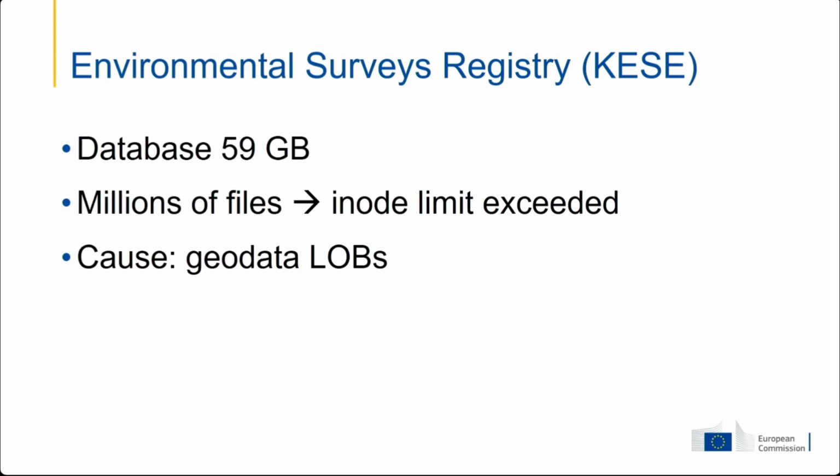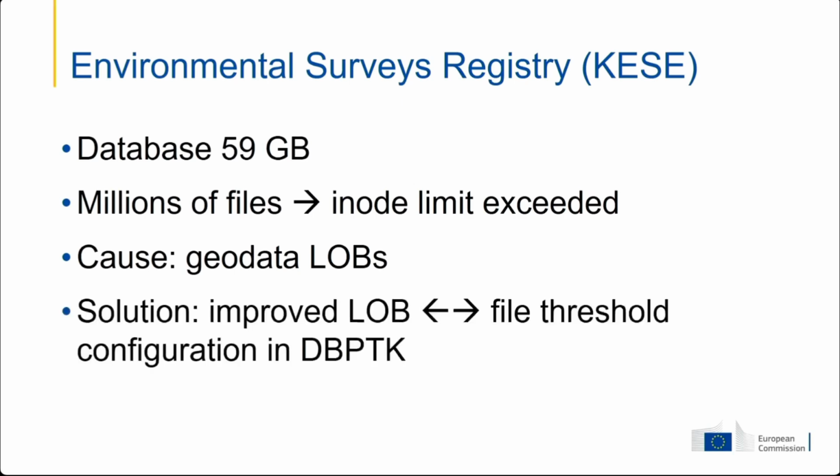And the solution was we ordered a new feature so that you can actually configure the threshold, how large objects are exported. So you can say, let's say, any this geodata text object that is less than 1 kilobyte in size stays inside the database, and only the very larger ones get exported.